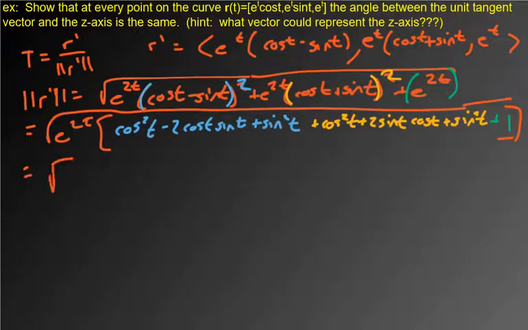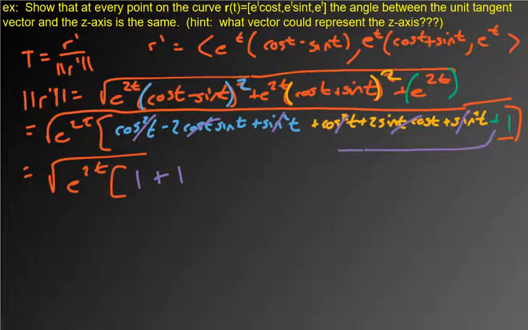And then we have e to the 2t, but this is where things are going to get nice. So let's see if I can pick a different color here. So we have cosine squared plus sine squared, so that is a 1. Then we have cosine squared plus sine squared, that's another 1. This and this are the same, so they're going to cancel out.